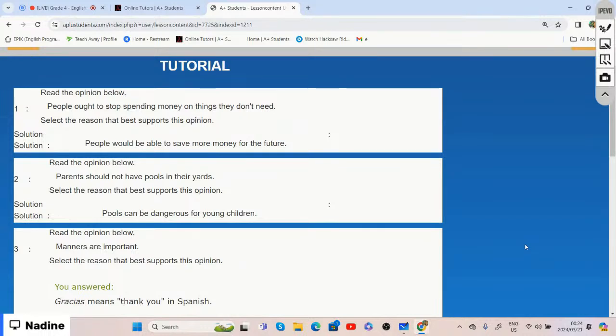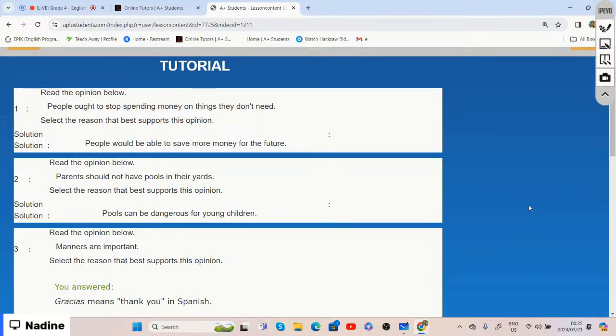Can you give a reason to support why somebody's saying that people shouldn't have pools in the yard?